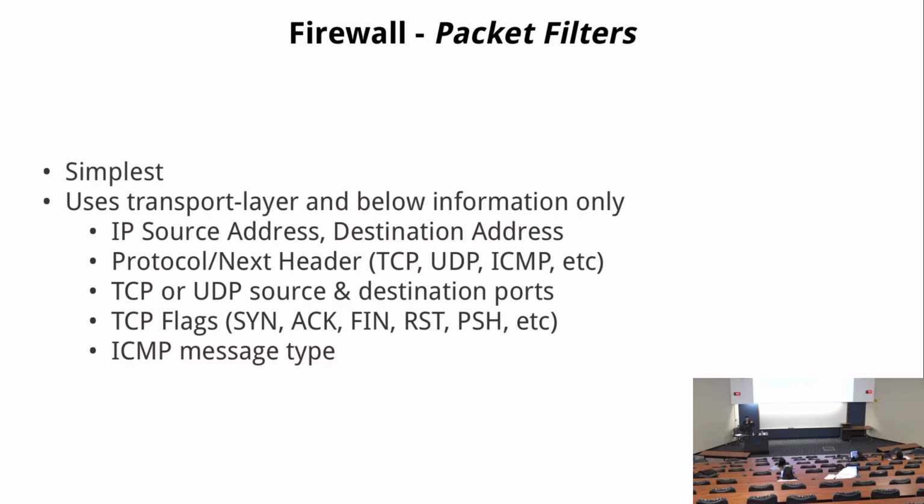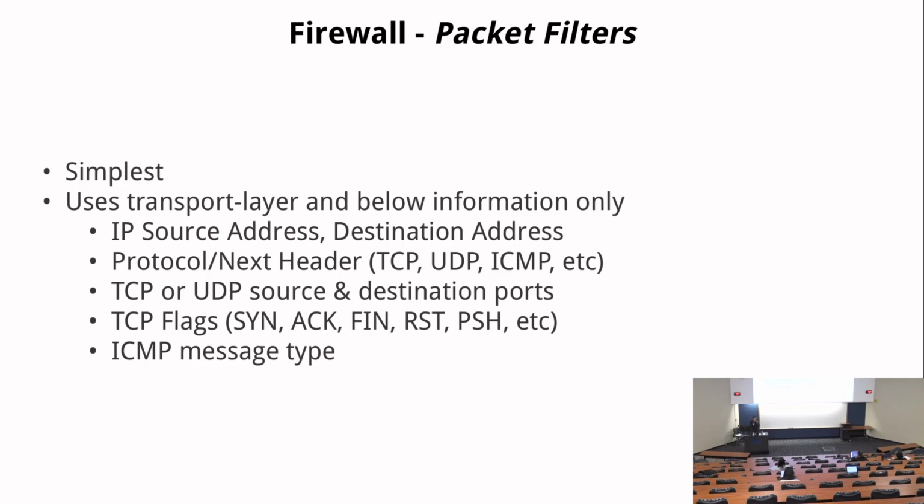For example, it can allow transport layer data, for example based on the IP address, the source address, destination address, based on the protocol, based on the TCP headers, the flags, or based on the ICMP message types.